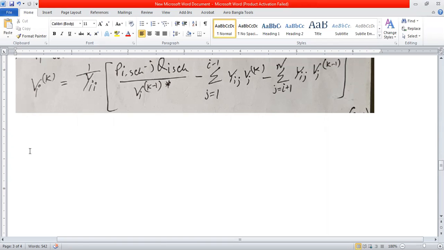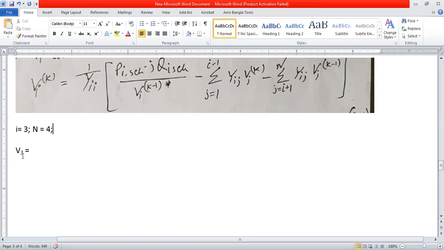Now, if we want to calculate the voltage magnitude and angle of bus 3, then I should be 3, and the total number of buses in this power system is 4.